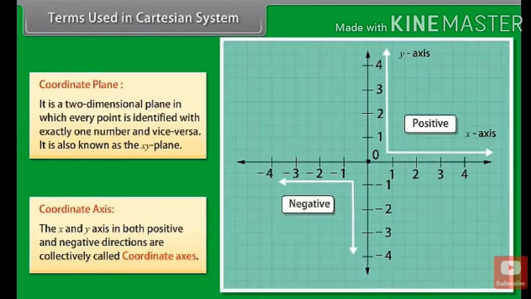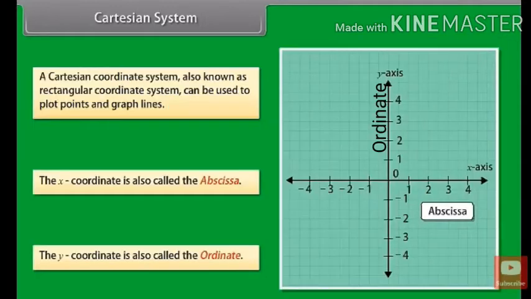Coordinate plane: it is a two-dimensional plane in which every point is defined with exactly one ordered pair of numbers and vice versa. It is also known as the XY plane. Coordinate axes: the X and Y axes in both positive and negative directions are collectively called coordinate axes.